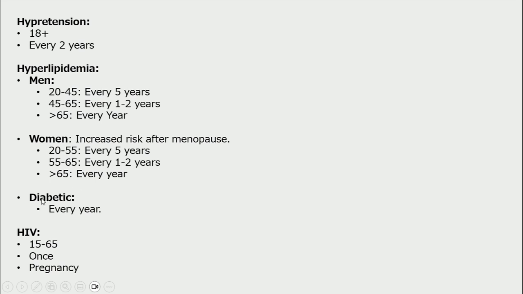And if the patient is diabetic, we usually do hyperlipidemia screening every year regardless of the age and gender of the patient. And one more, HIV screening is usually done once between age 15 to 65, and we also do that in pregnant patients.